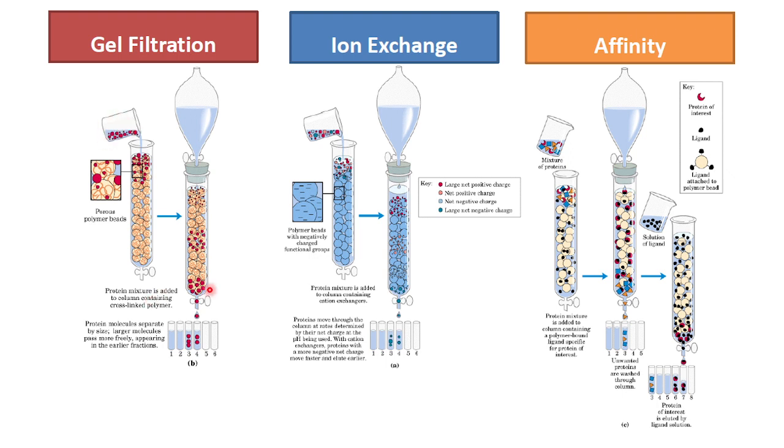The protein mixture passes through the column, and the protein molecules separate by size. The larger molecules pass more freely and appear in the earlier fractions, compared to the small molecular weight proteins that start eluting in the later stages.